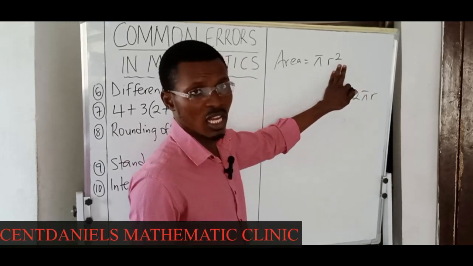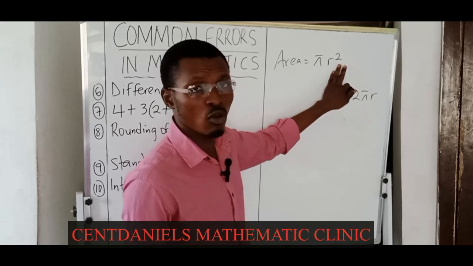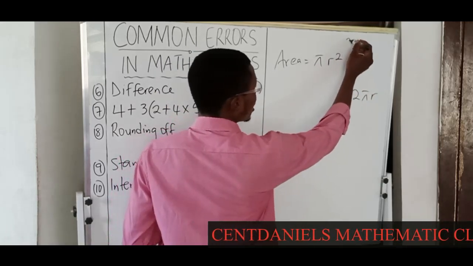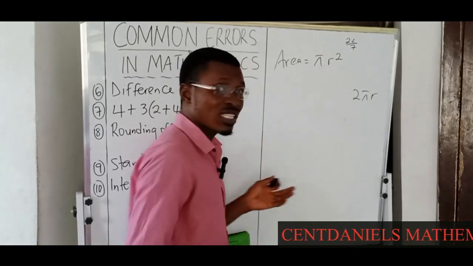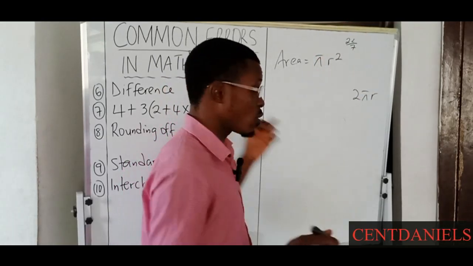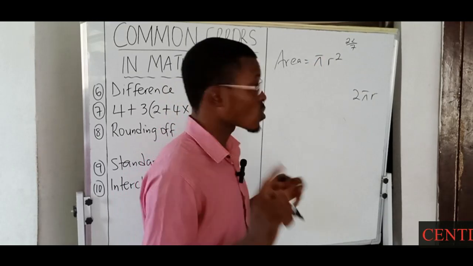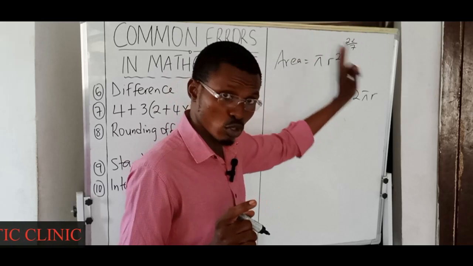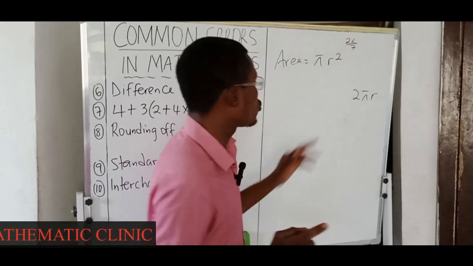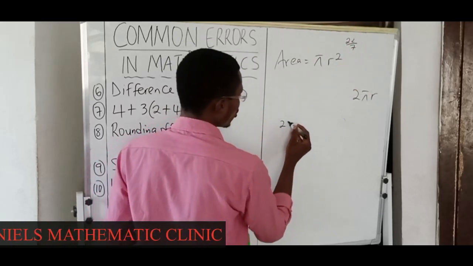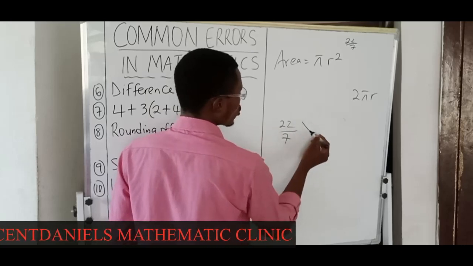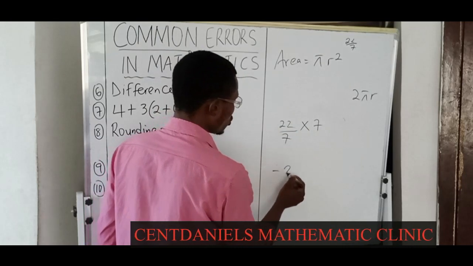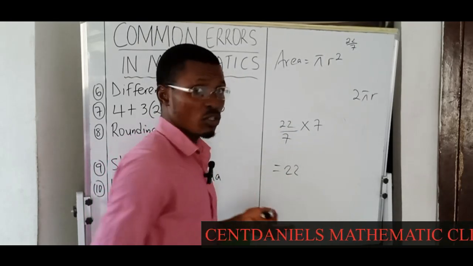This is for area. Suppose you are asked to find the area of a circle of radius 7 centimeters. Pi is usually given to be 22/7, but in some cases a different value is given. That's why in the first case we talk about instructions. Whatever you're asked to use as the value of pi, that is what you must use. If we're asked to use 22/7, the area will be 22/7 times... Some students will just say times 7, and then they get 22 square units.